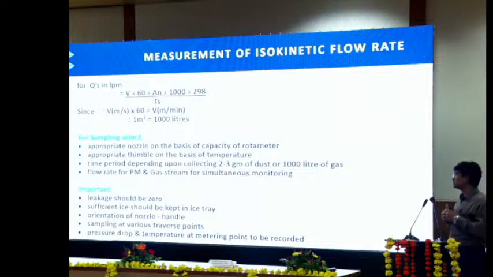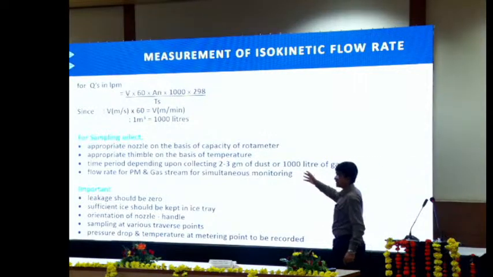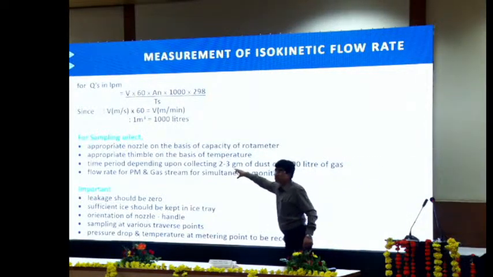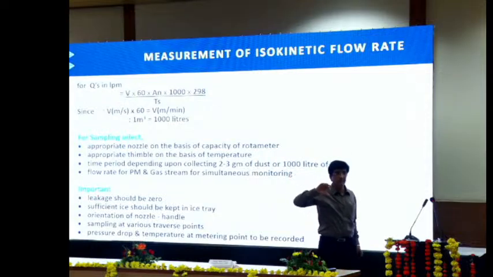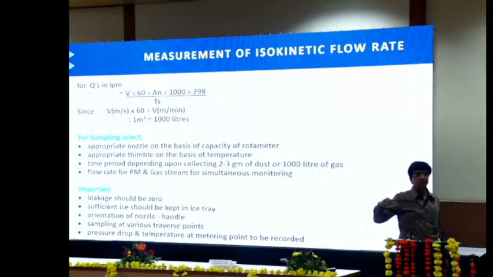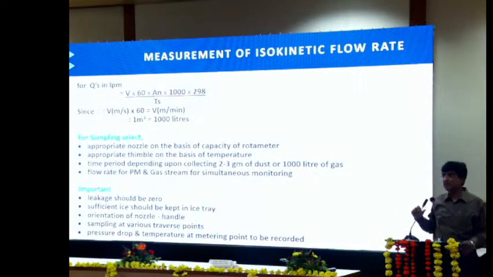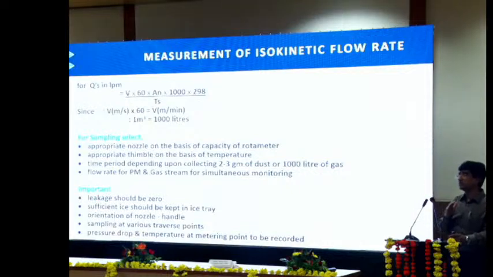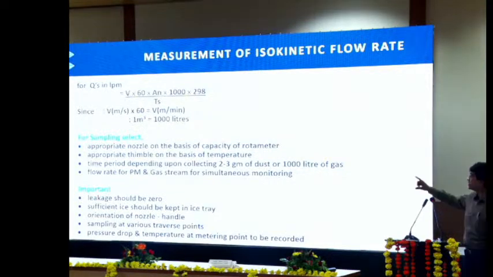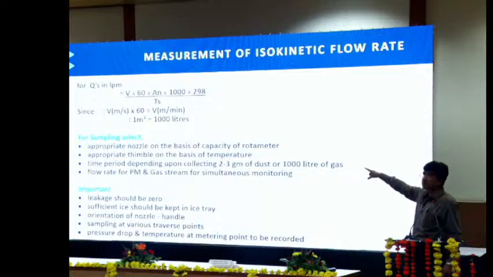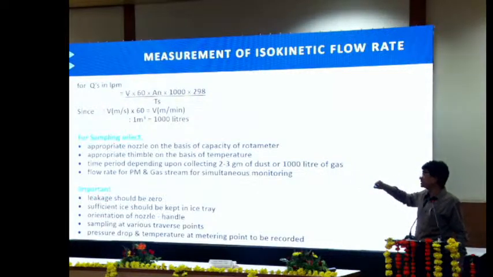So what you need to do is, by the other criteria, do a back calculation to see if you are able to collect about 2 to 3 grams of dust, which is basically required to do the effective measurements on a balance, then you can reduce your sampling period to 5 minutes or 10 minutes, or depending upon the requirement. Is it clear? These are the 3 points which you need to take care of: appropriate nozzle, appropriate thimble, and the time period of sampling which is required.